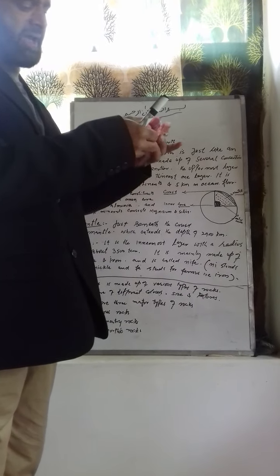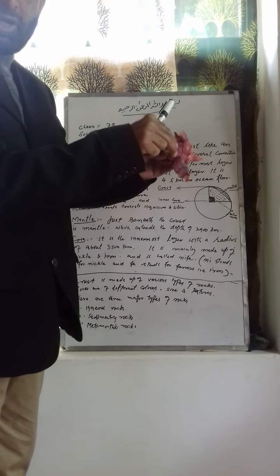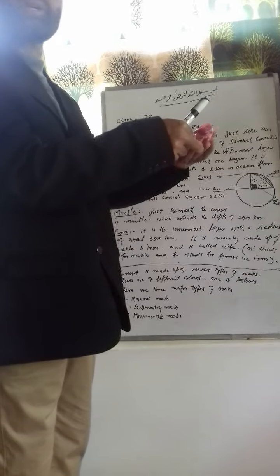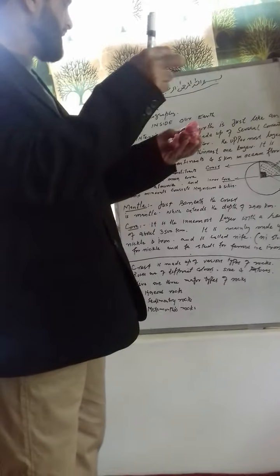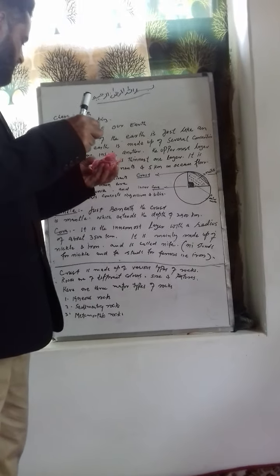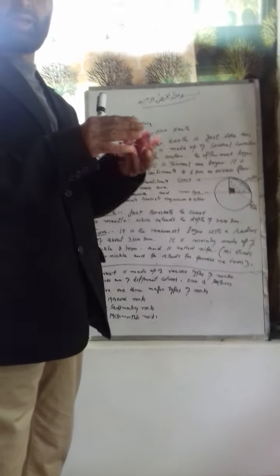And what is the crust? It is the thinnest layer, as this layer is thinnest as compared to the other layers of this onion. The uppermost layer of the earth is the thinnest layer. It is about 35 kilometers in continents and 5 kilometers in oceans.